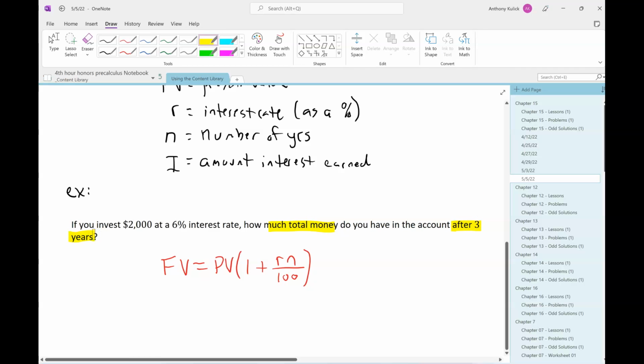Right? So we're going to be solving for FV. What's going to be going in for PV? The present value. The 2,000, right? The amount you initially put into the bank. And what's going to go in for the R? The 6%. And what's going in for the N? 3 years.